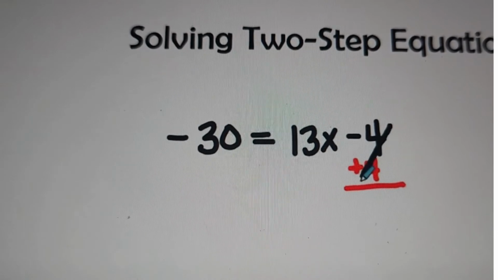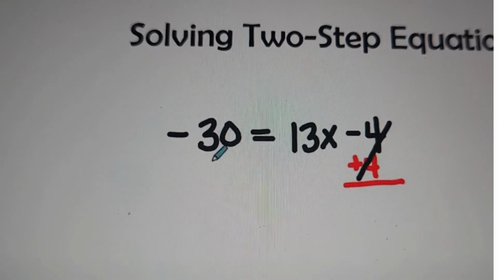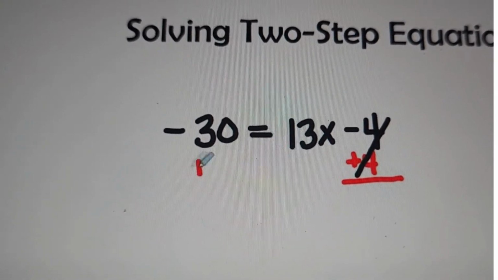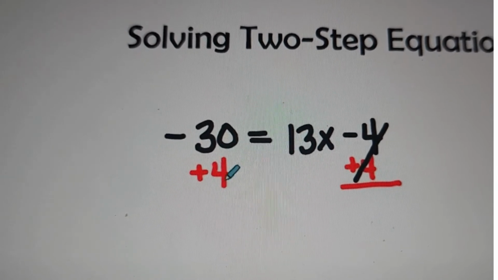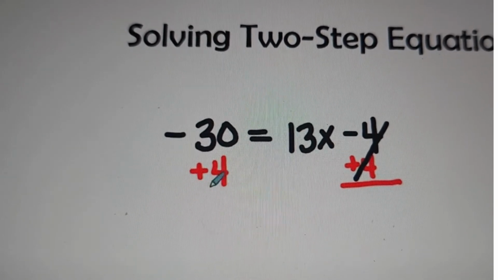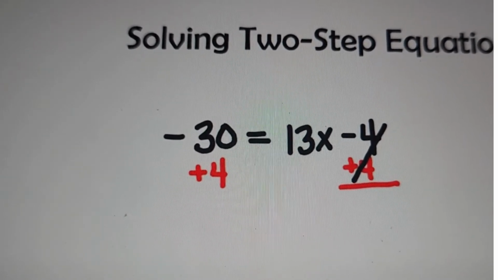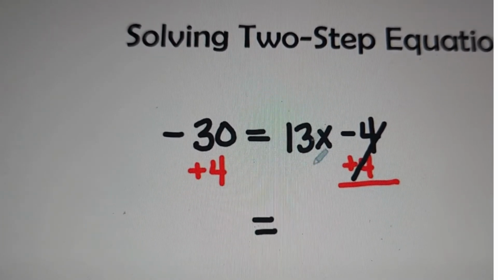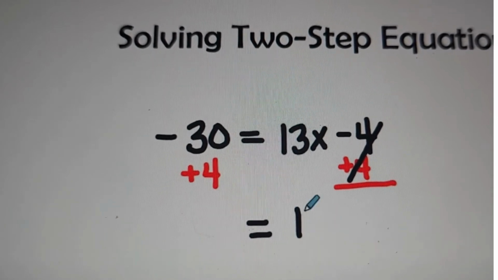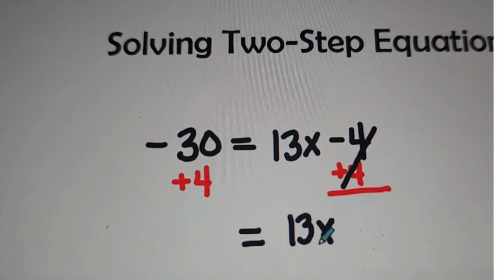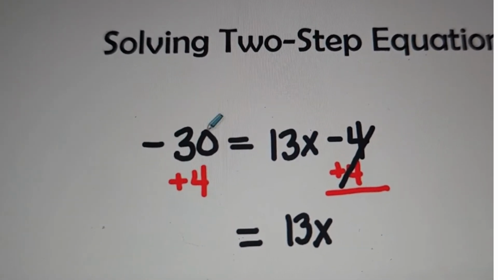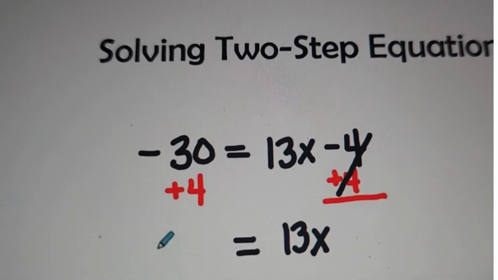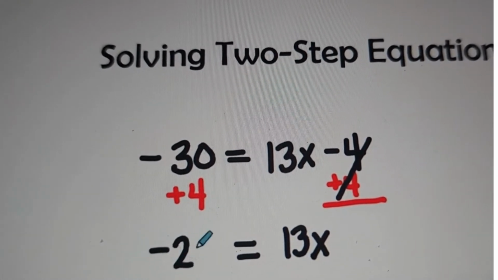And so that cancels out. But what we do on one side, we have to do on the other side. So here we're going to add positive 4 to the negative 30. When we go ahead and make sure our equal signs are in line with each other, I'm going to bring down the 13x. And then negative 30 plus 4 gives us a negative 26.